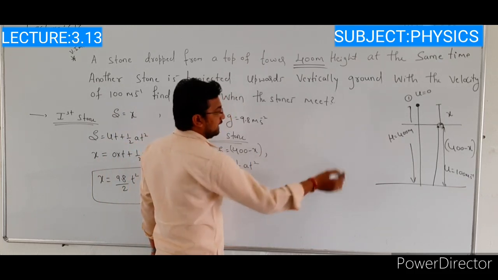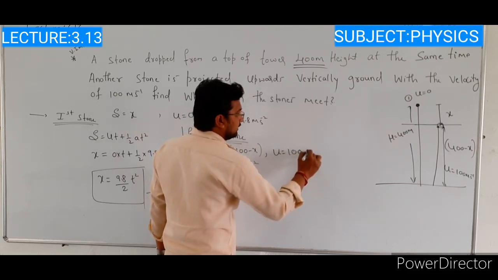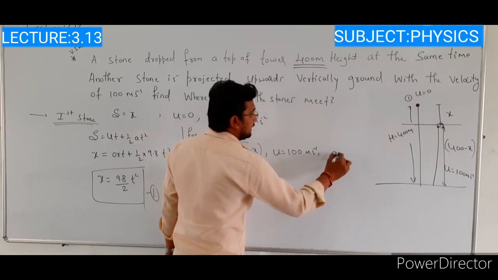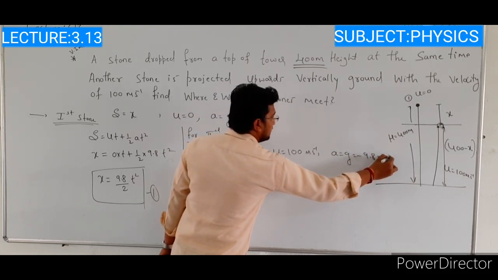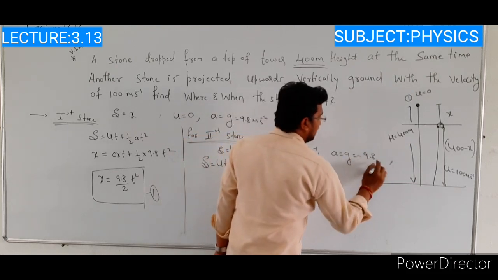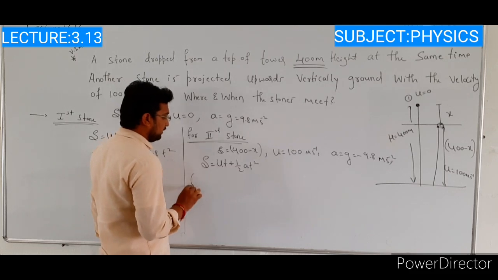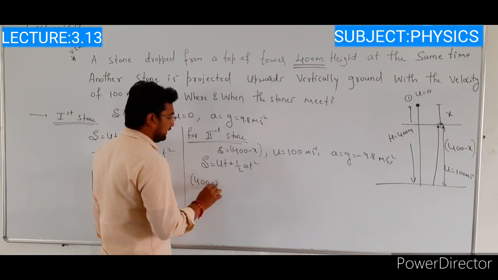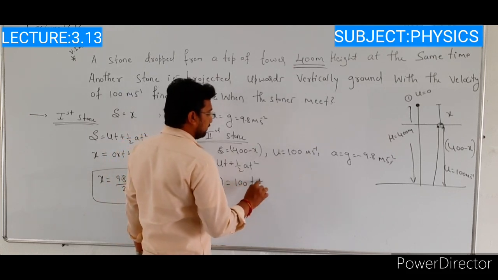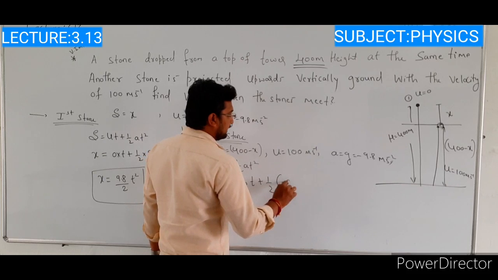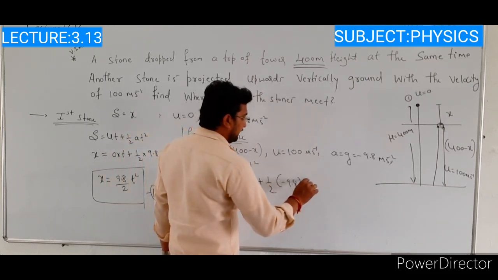The next one, the initial velocity is given: for a vertically projected body, that is 100 meters per second. Then the acceleration due to gravity is minus 9.8 meters per second square. Substitute here: s is 400 minus x, which is equal to u, that is 100 into t, plus 1 by 2 into minus 9.8 into t square.